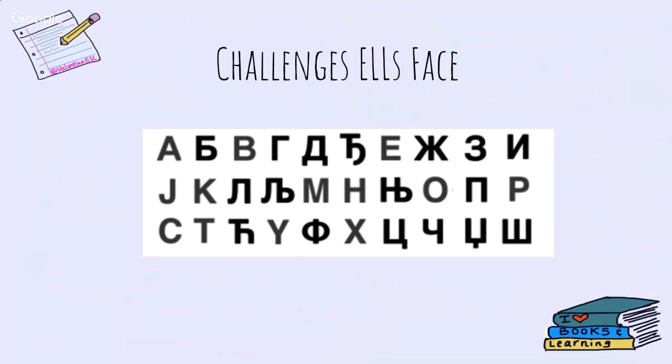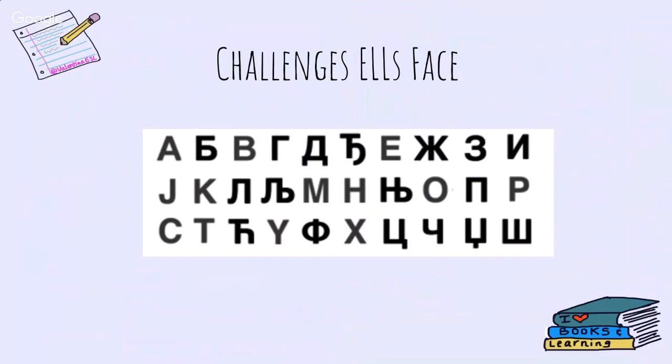Notice that some of the letters are similar, like the A, that's similar to our A, but there's a letter that's different between the A and the B. And the C is in a totally different spot in the alphabet than our C. And you might be thinking, does this alphabet go horizontally or vertically?